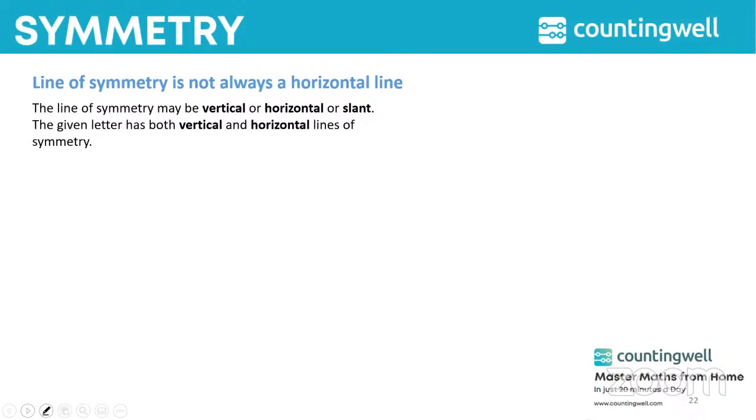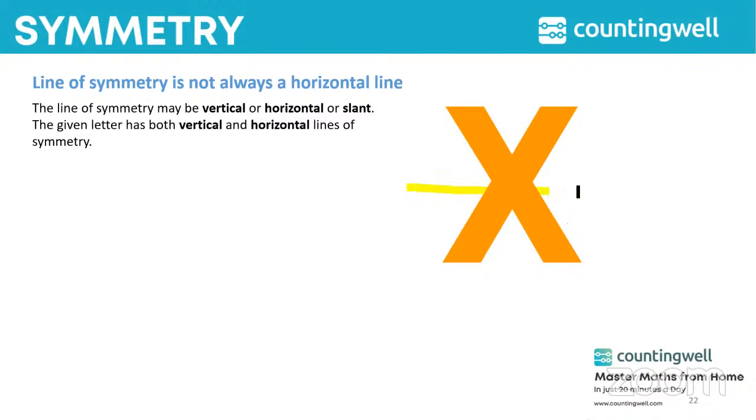Remember that a line of symmetry is not always horizontal. It can be vertical, horizontal, or slant. For example, here you can see the letter X. What do you think are the lines of symmetry, whether vertical or horizontal or slant? If we draw a line like this, and if you fold this letter along this line, you will get two equal parts.